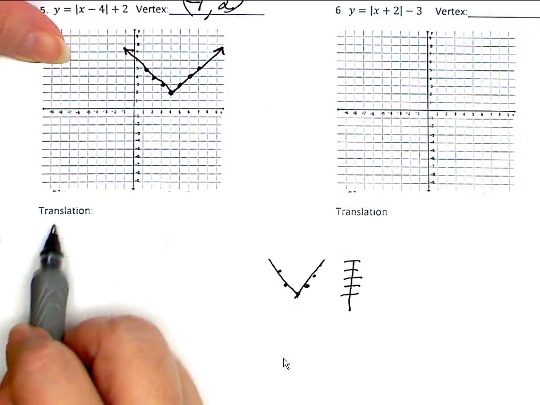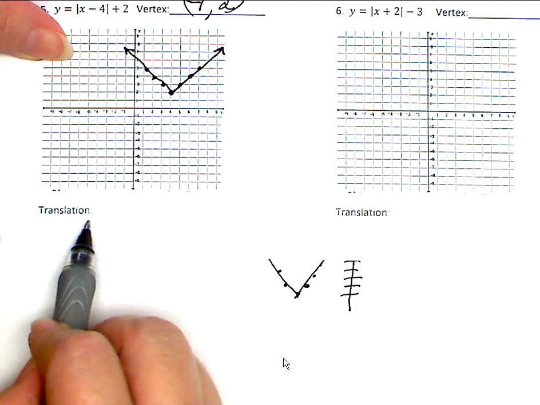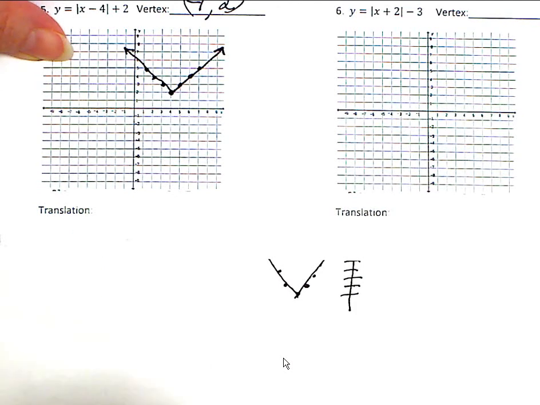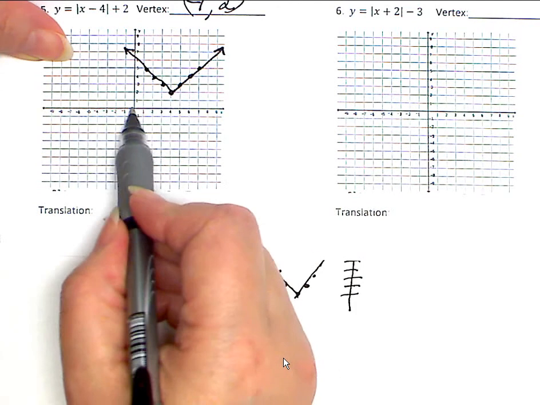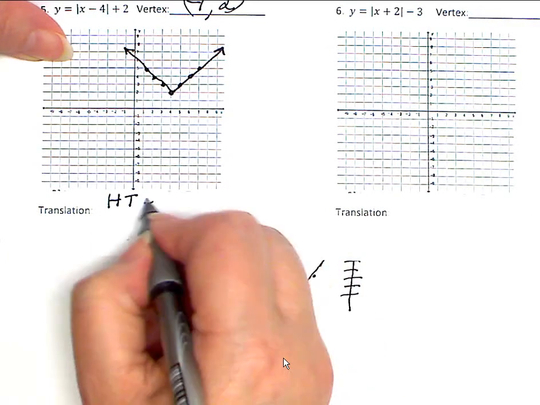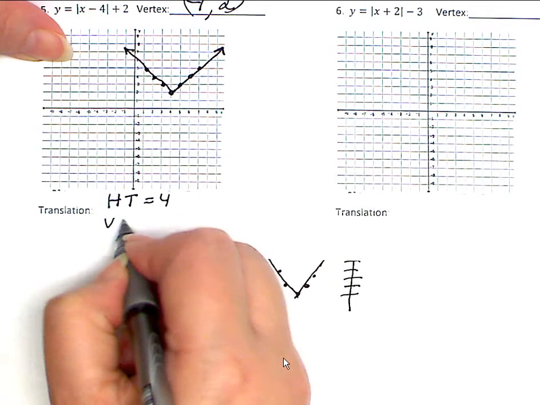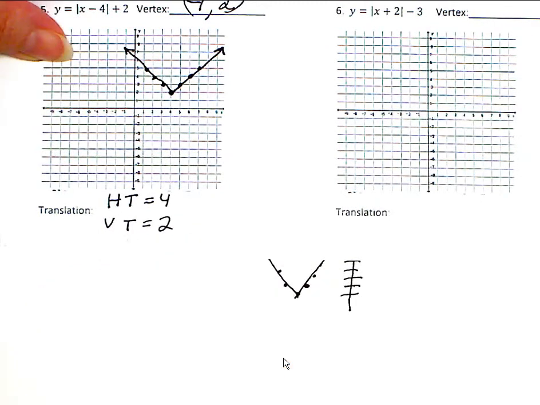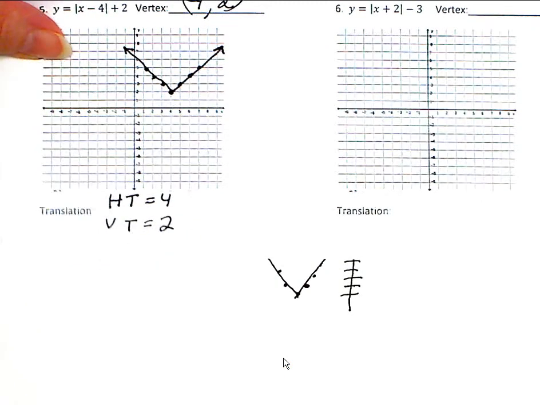So what is the translation? How did it move from the center? How did it move from the origin? So horizontal translation is 4. And then vertical translation is 2. Very good. So that is how you do those ones.